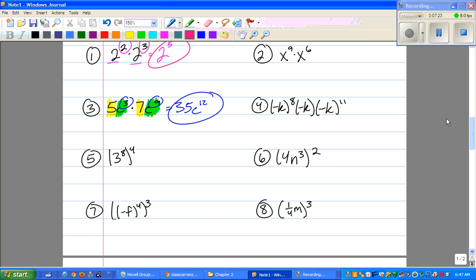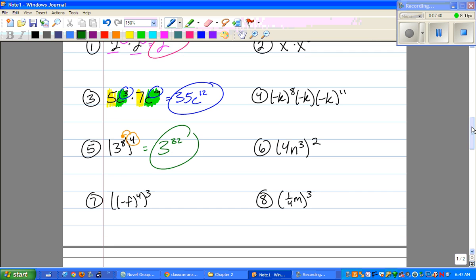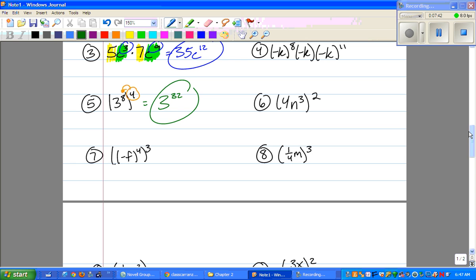All right, let's look at 5. 5 is when we need to distribute that 4. So when you distribute, we're going to multiply. 8 times 4 gives you 32. And for a problem like that, you do not need to solve it. Number 7, all these parentheses are more just organizational, so we don't forget that negative sign right there.